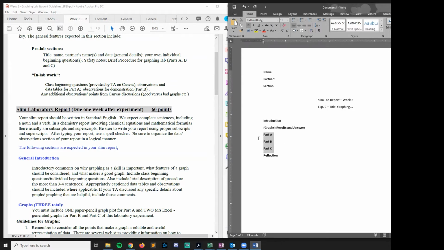I'm going to maybe make this italics. If you want, you can number these. That's totally fine. Maybe we'll call this 2. This will be 2A, right? This will be 2B. Actually, I'm going to change the formatting here.